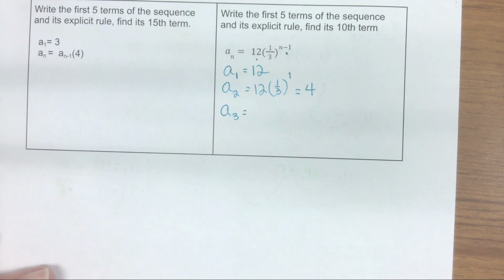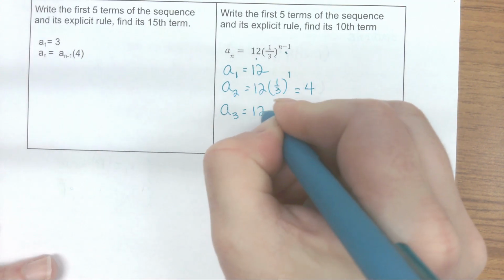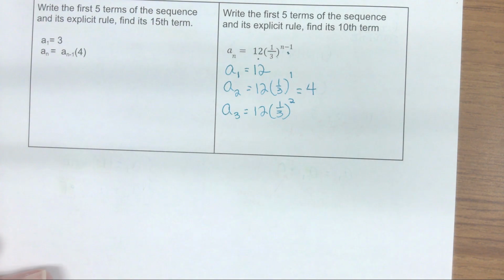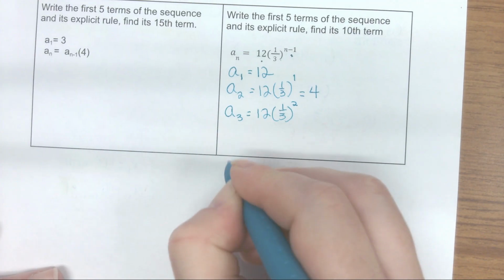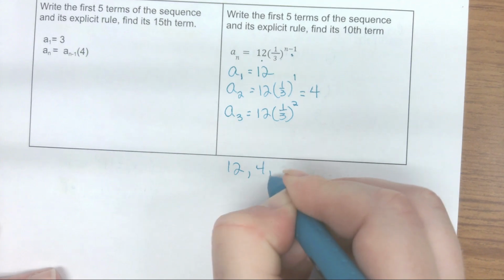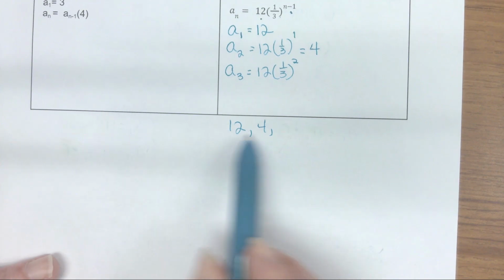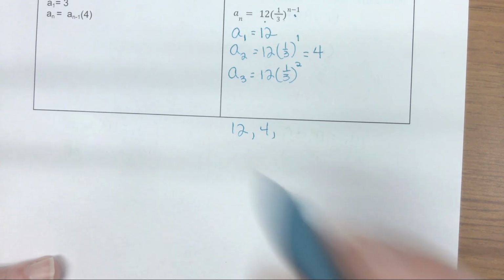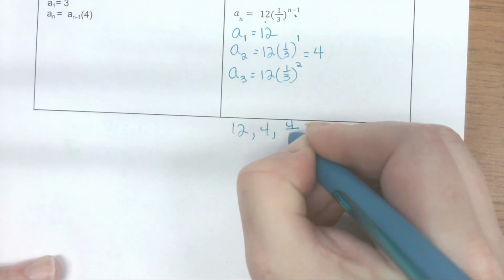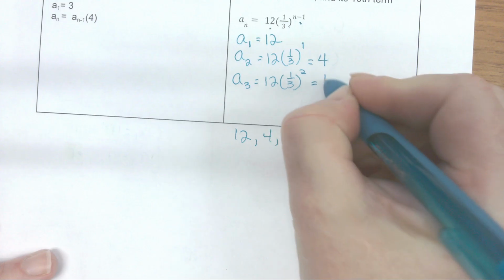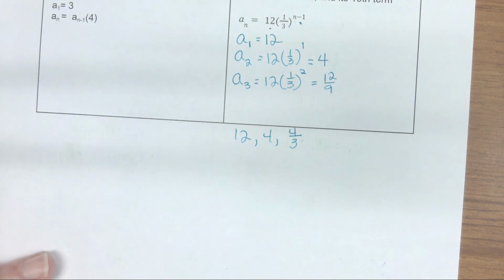A sub 3 is 12 times 1/3 squared. Okay, here's what I'm going to say about these. If I know that this is 12 and this is 4, and they're being multiplied by 1/3, right? If you want, you can just use the sequence down here at this point. 4 times 1/3 is 4/3, okay? What you would get here is 12/9, but that reduces to 4/3.